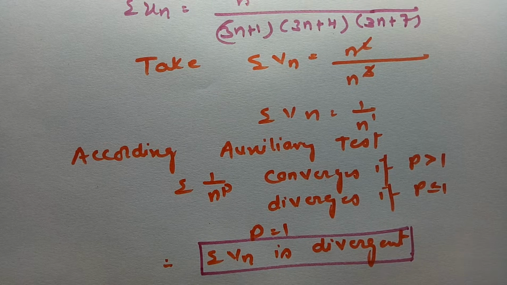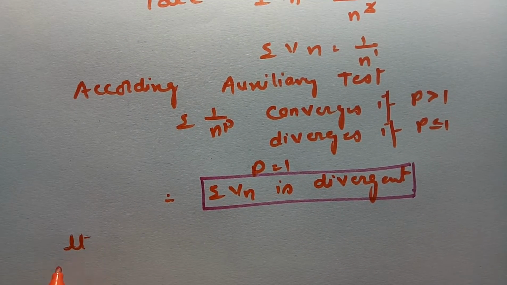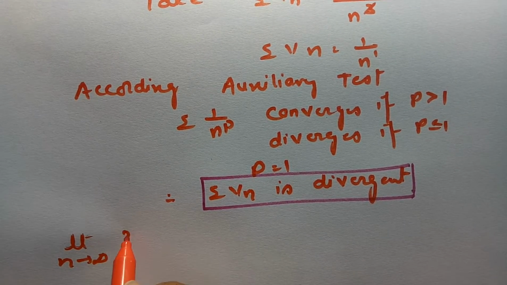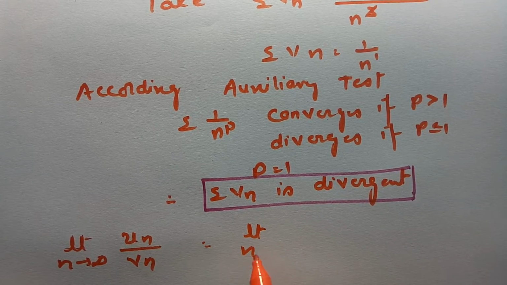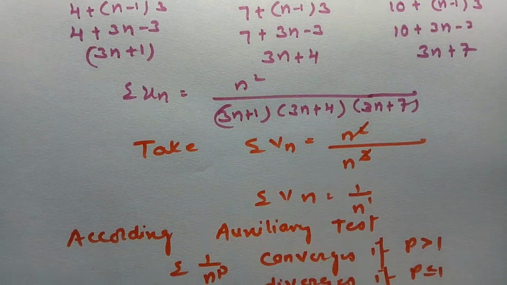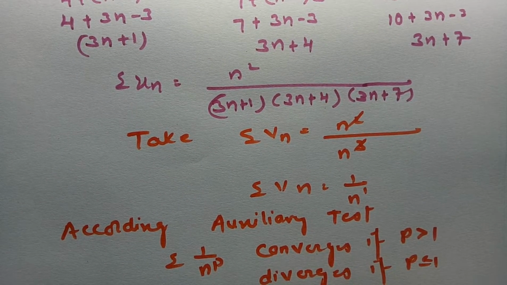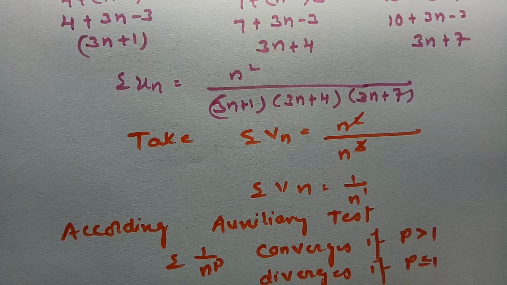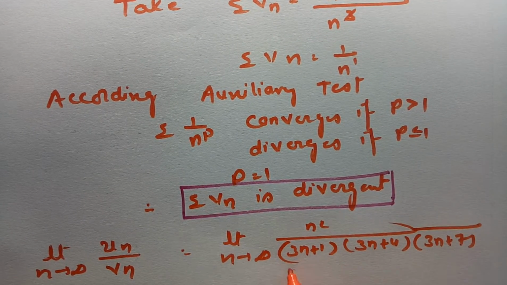Now we have to compare. For comparing, we use the formula limit n tends to infinity un by vn. The un value is n square by 3n plus 1 into 3n plus 4 into 3n plus 7, divided by vn.